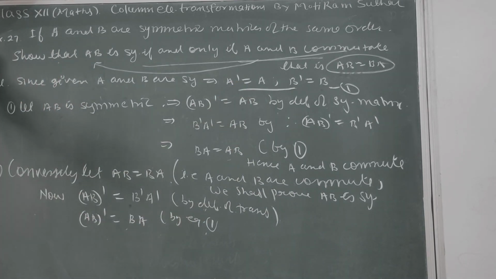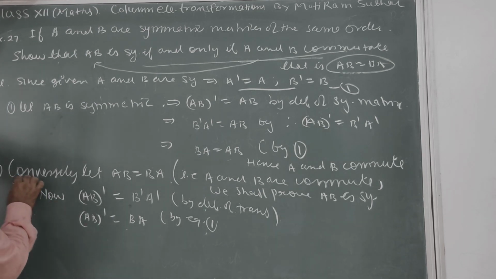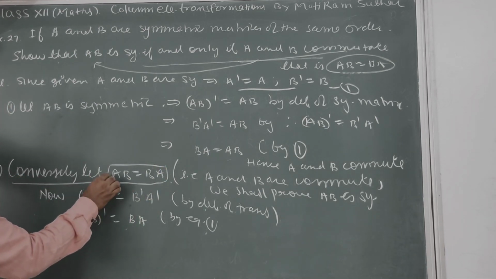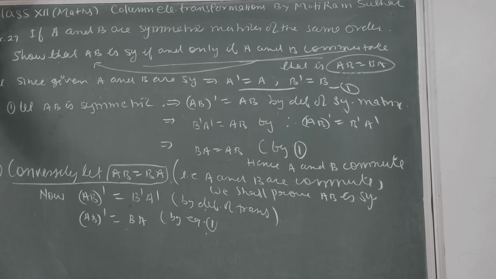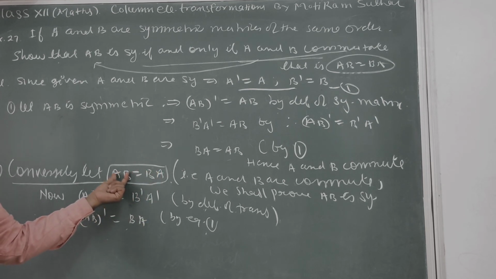So AB, now as we are saying conversely, let, ये हमने मान लिया AB equal to BA, AB can be represented by BA, so this BA can be replaced by AB.